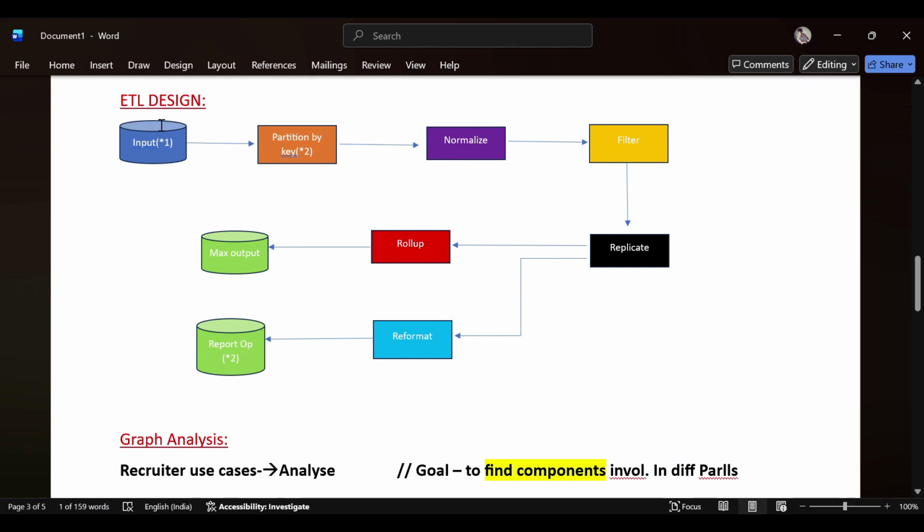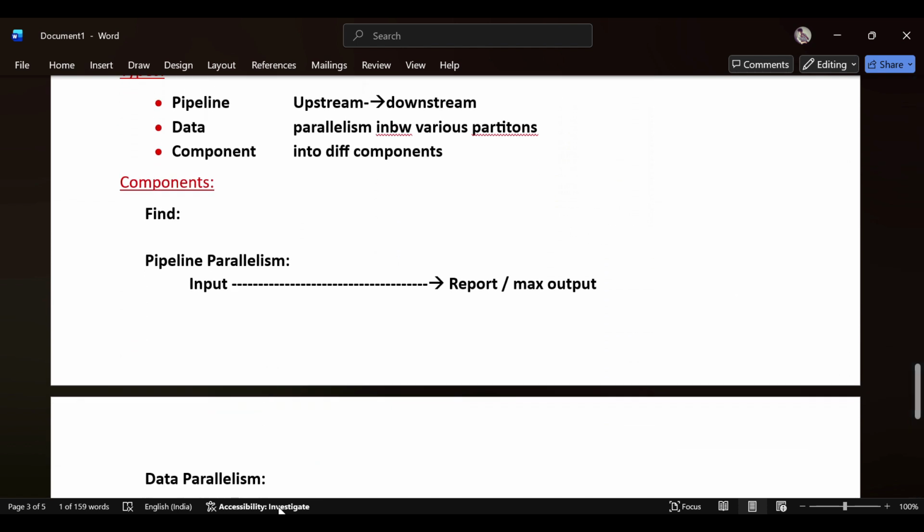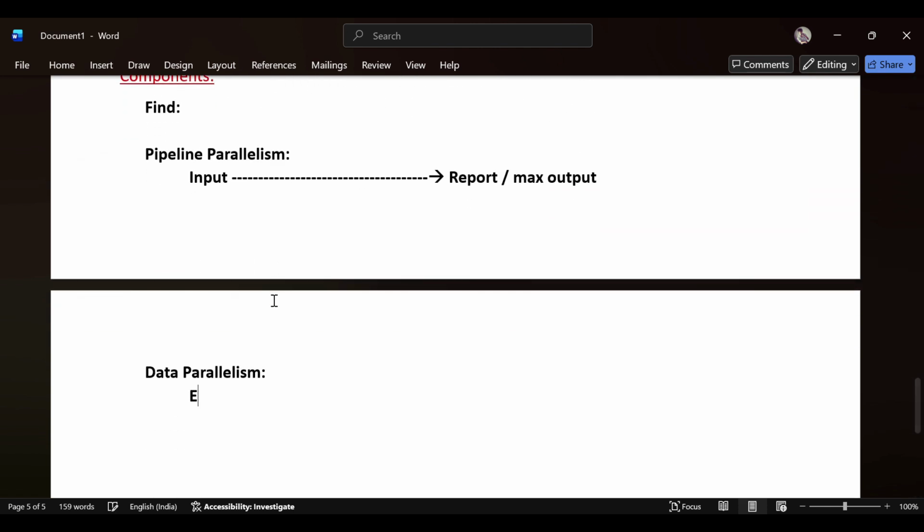So apart from the input and replicate, all other components will come into data parallelism, except the input file, because the partitions are there.